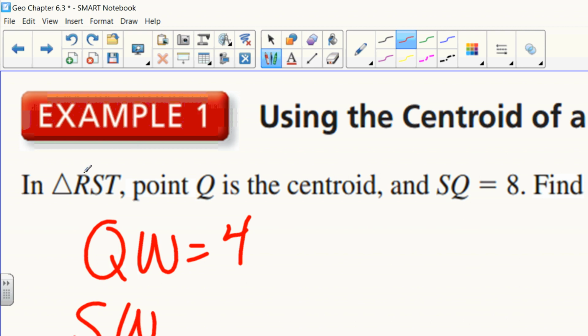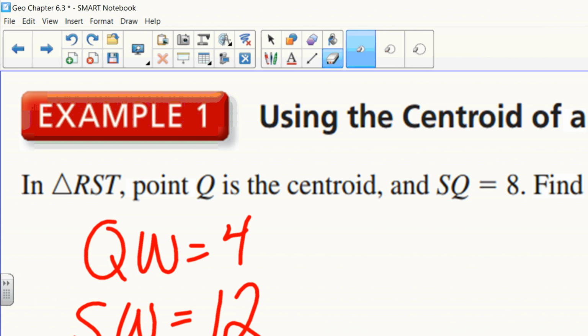What would SW be? 12. Now, what's 1/3 of 12? The whole length. If we take 1/3 and multiply it by the whole length, we get 4, which is our smaller.